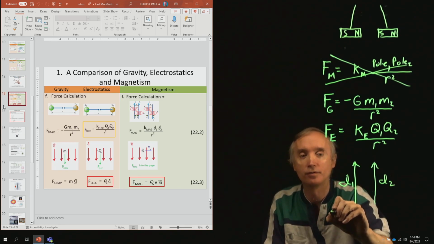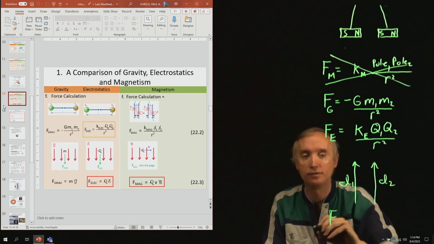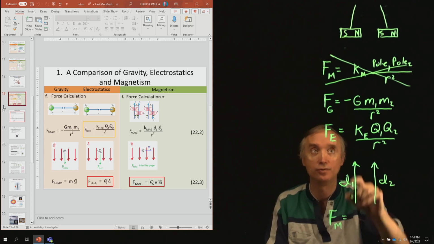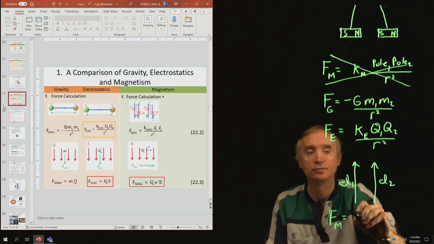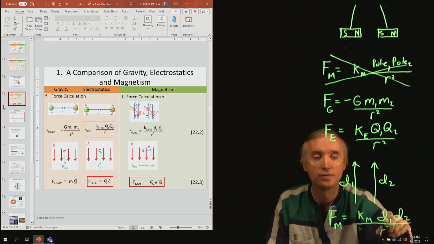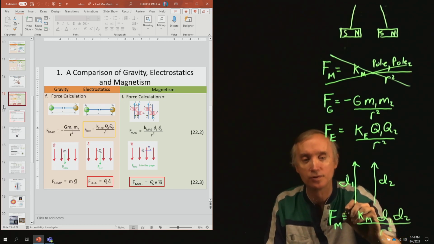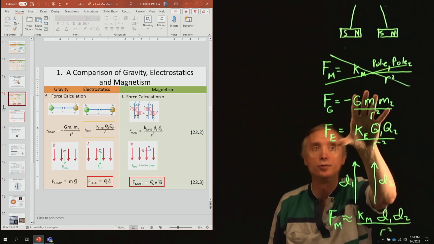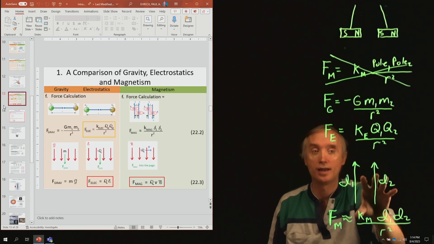And so they came up with a formula that said that the force of magnetism was going to be equal to a fundamental constant, so the same K sub m, but then it's going to be current number 1, and it's going to be current number 2, and then divided by r squared. Now this isn't quite an equal sign, so this is a proportional sign. So they came up with a formula that would match with this one here, and it does work.